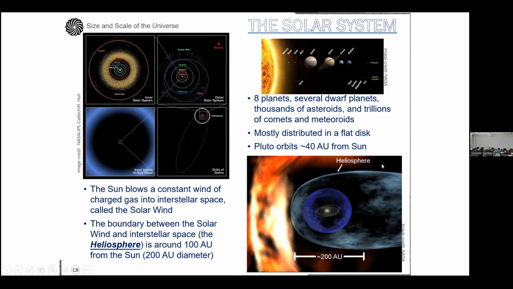The picture in the lower right is pretty interesting. What you're looking at there is, as the solar system moves through the Milky Way, it does create a bow wave, almost like a boat moving through the water.